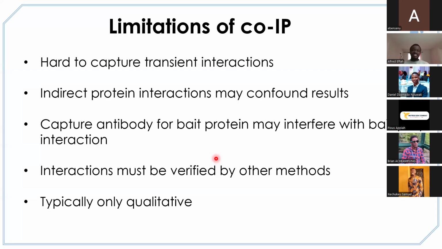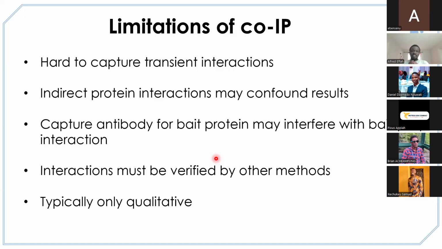A lot of kinases come, they just add phosphates, they are gone. They just add some things and you don't see them again. Just for some short period, you don't see that interaction. It tells you that it will be hard to capture such an interaction. And so Co-IP cannot detect those weak or those transient interactions.